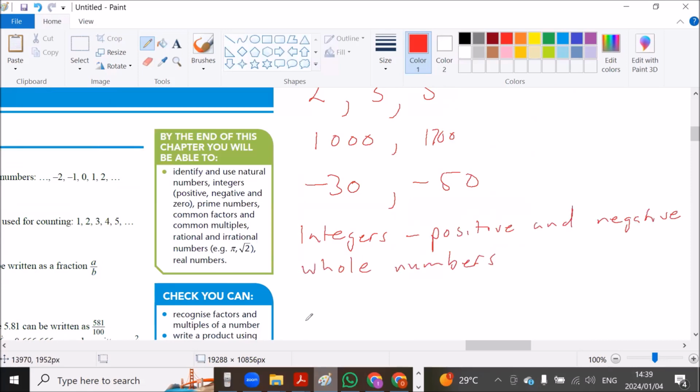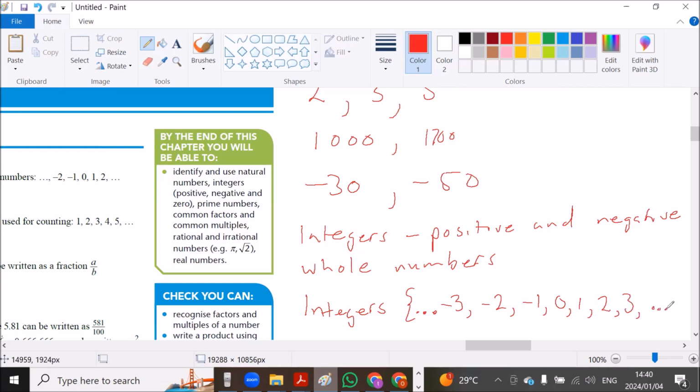Now to put them in a set, we can say integers. We'll start from very large whole numbers, so we put 3 dots there to mean that we are starting from a very large, we are going way back. Then we can say minus 3, minus 2, minus 1, 0, 1, 2, 3, comma.